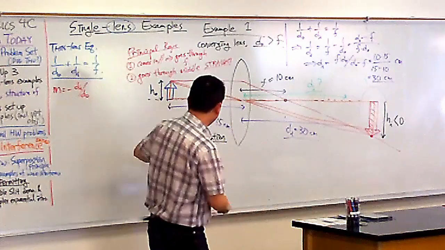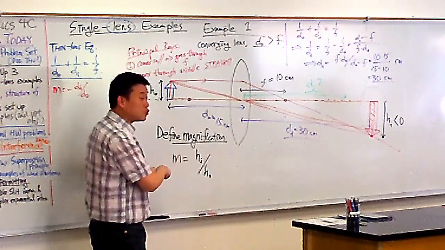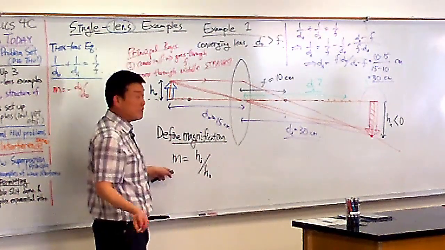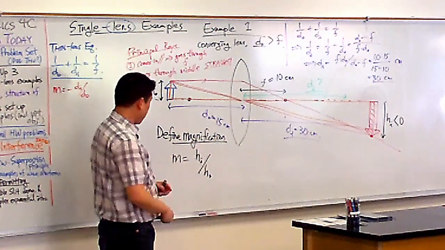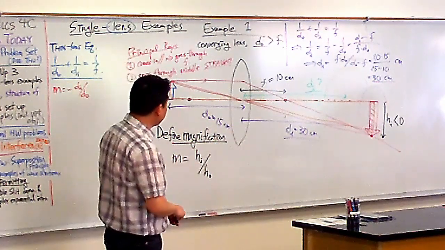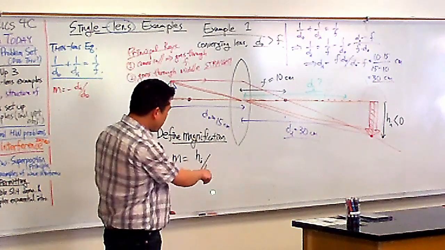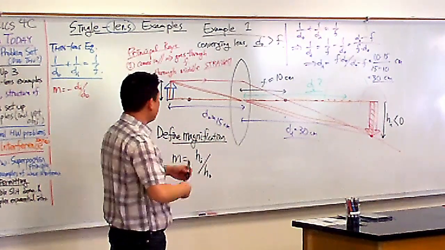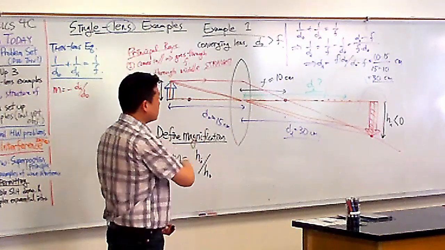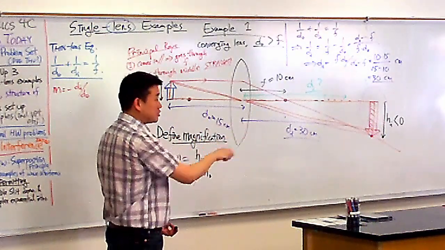When we do it that way, this magnification can be used to tell us if an image is upright or inverted. This is the definition we are starting out with, but it will be very inconvenient to use, because you would have to know the size of the object and the size of the image.